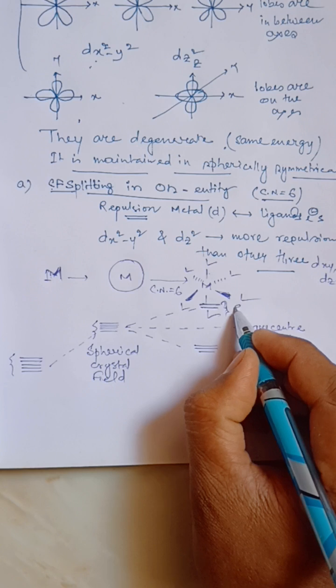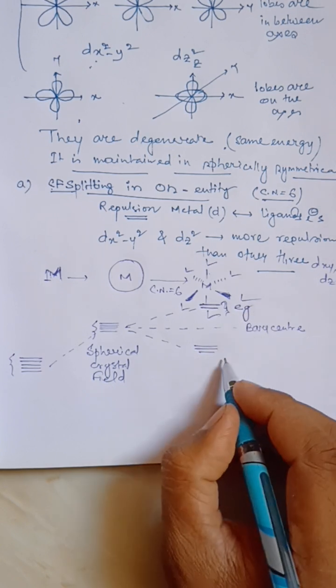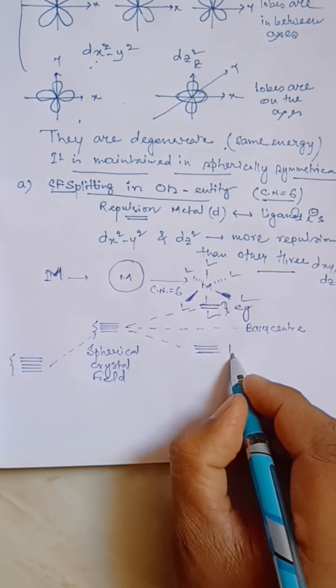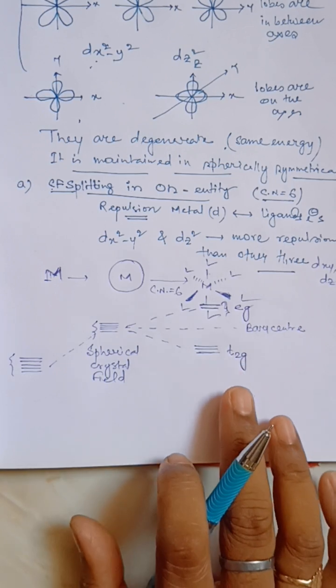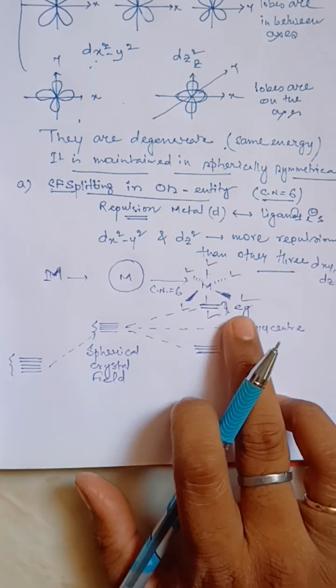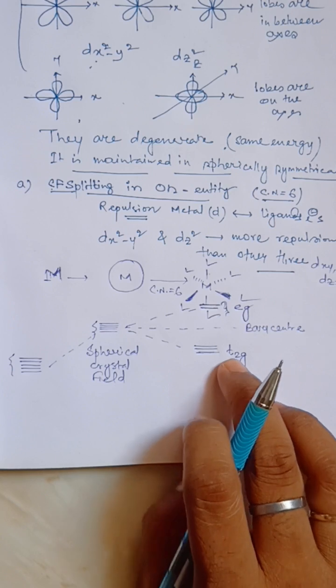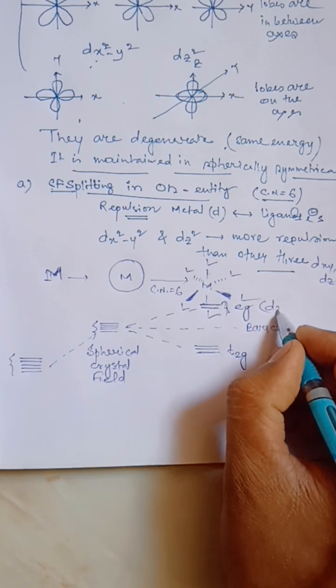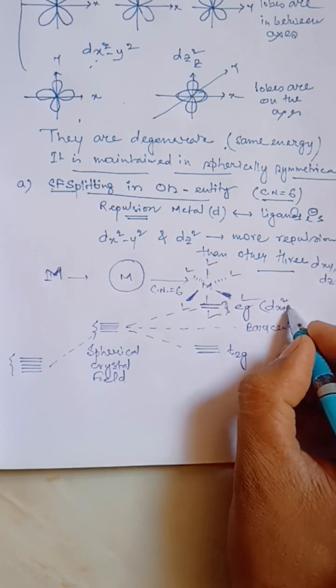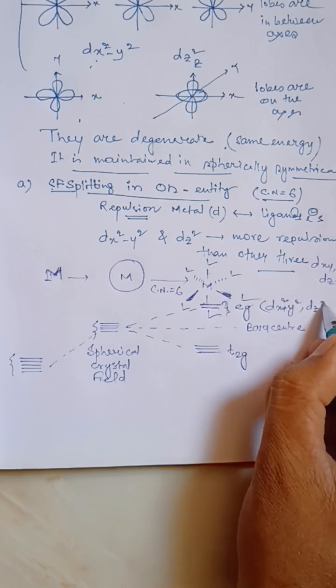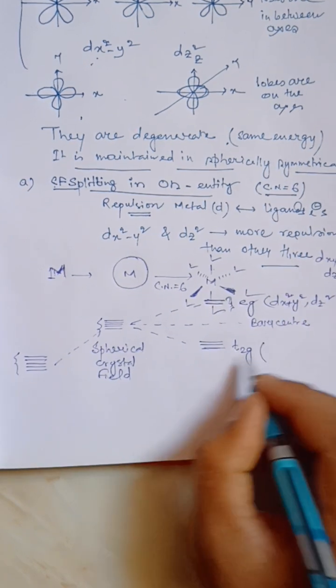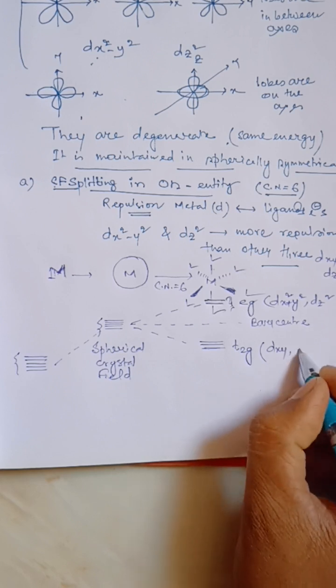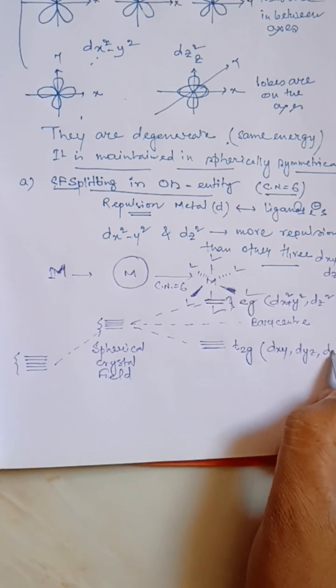This is known as Eg, and this is known as T2g. Now Eg and T2g, that is dx square minus y square and dz square, and triple degeneracy dxy, dyz, dzx.